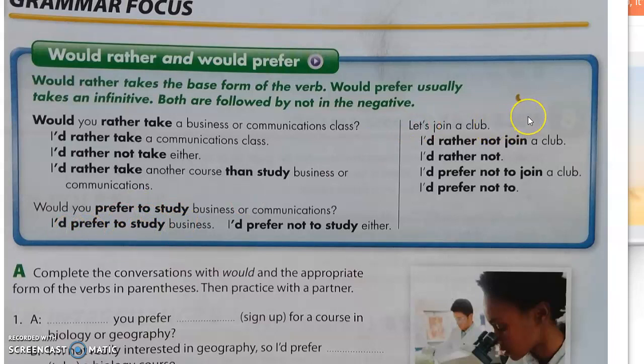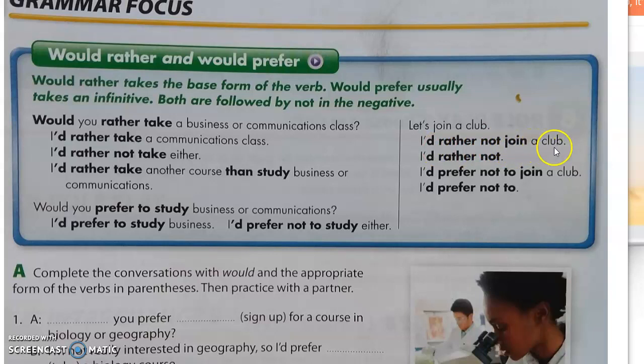Now, here's an example of how to politely decline something using rather or prefer. For example, it says, let's join a club. So you're not making a choice here, you're just politely declining. Again, you could use would rather. I'd rather not, base verb join.